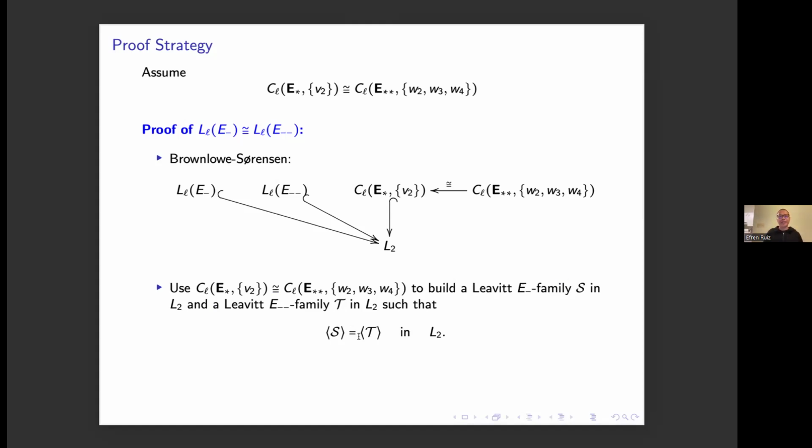So once you get that, you get exactly that these things are isomorphic because the Leavitt path algebra of the Cuntz-Splice is going to be isomorphic to its image, the algebra generated by S, and then the double Cuntz-Splice Leavitt path algebra will be isomorphic to its image, the algebra generated by T. And then because by construction the algebras of S and T are going to be the same in L2, you get isomorphism.